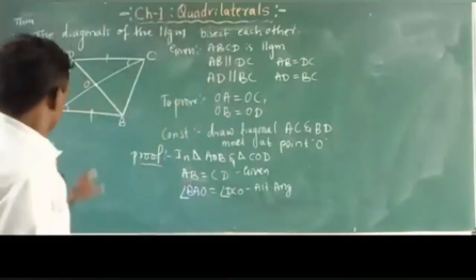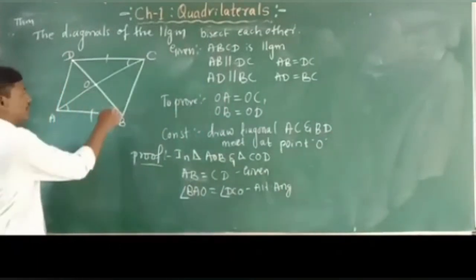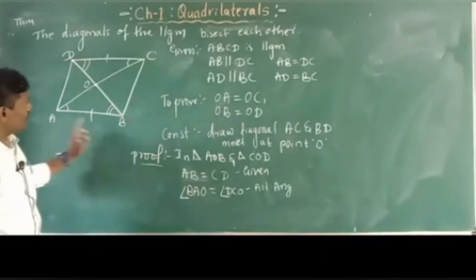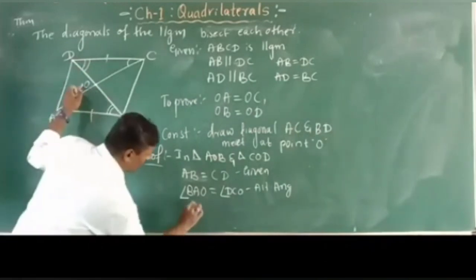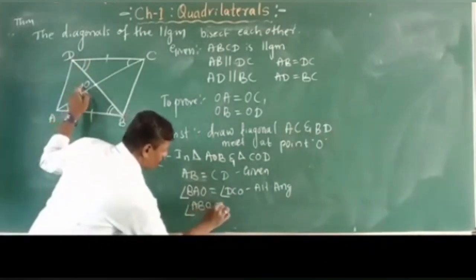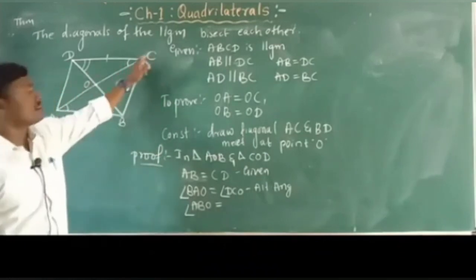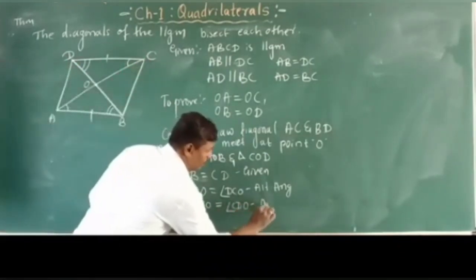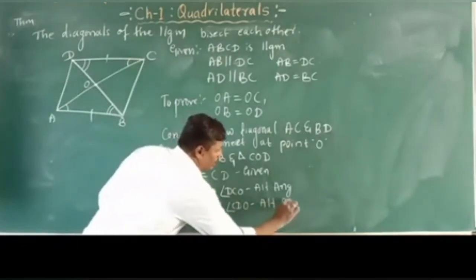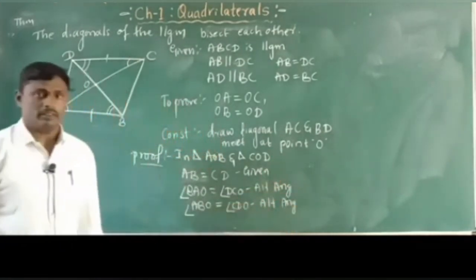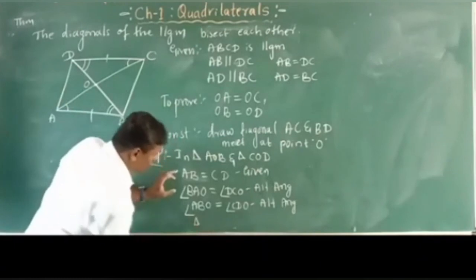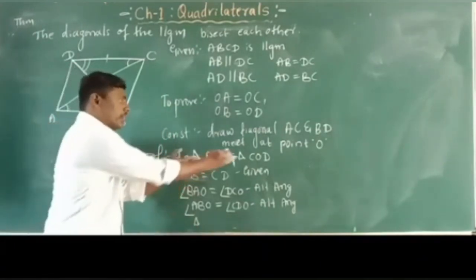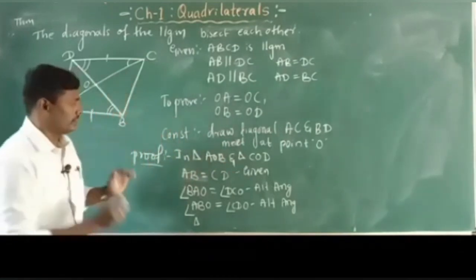Next, one more pair of alternate angles is there here. Second pair, angle ABO is equal to angle CDO. Again, these two are alternate angles. Now here we have three elements equal, which means we can easily prove that the given two triangles are congruent.